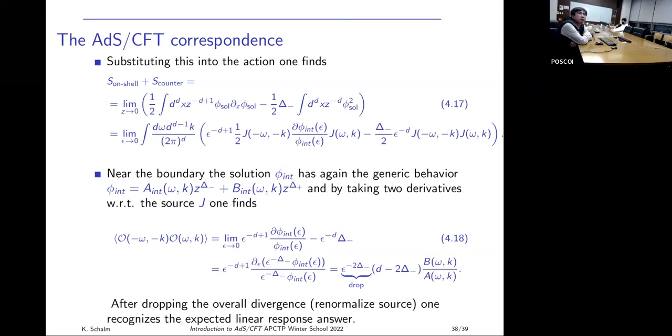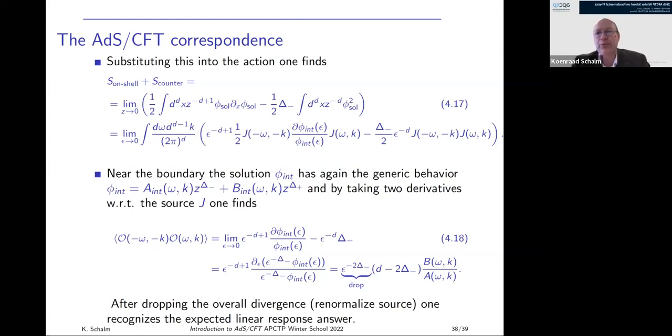I wonder if you can say something about the divergence of the other solution in the interior. So phi int is a regular solution in the interior, but the other linearly independent solution must be singular. In pure AdS, like the situation that we have here, that has no meaning, because it has a singularity.